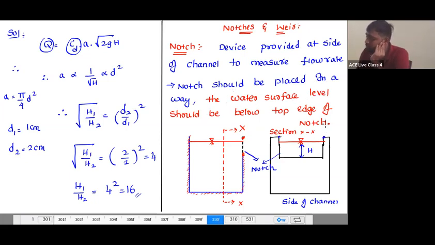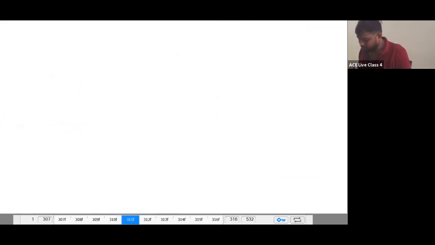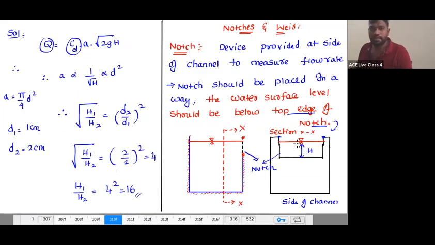The top edge of the notch is this one, and the water surface is going to be below that. So generally we keep it this way in a laboratory. Okay, so these are about the notch.